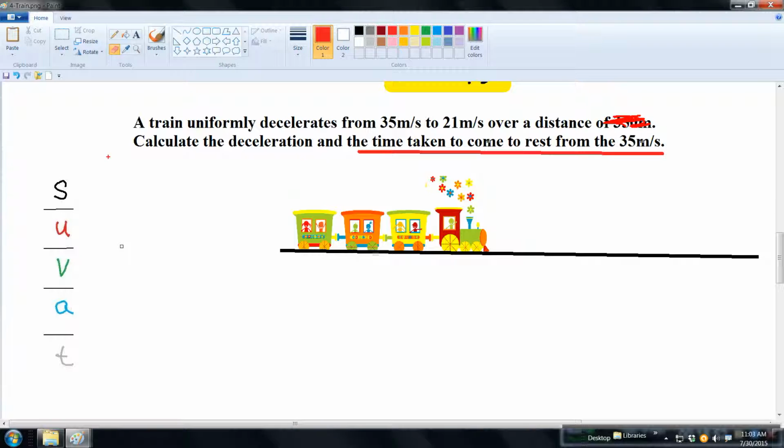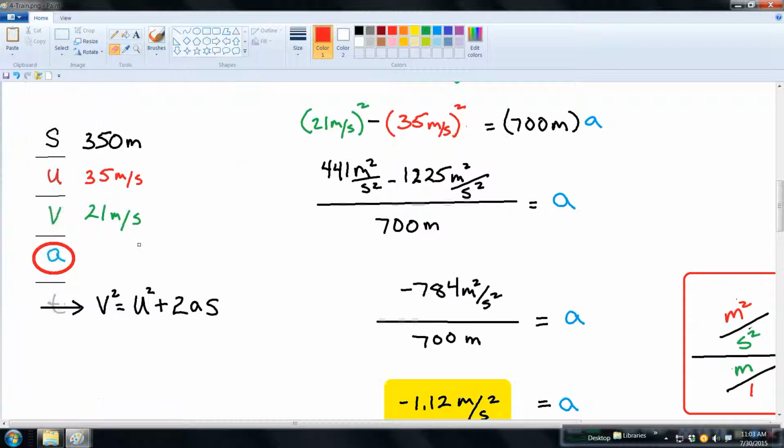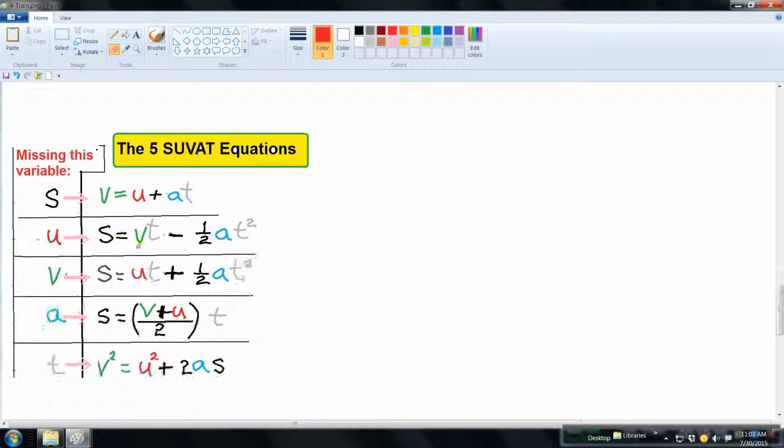I used the initial velocity, the final velocity, and then I used the acceleration from the previous problem. So we're just given 3 out of the 5. The acceleration from the previous problem was minus 1.12, and so I put that in there. So we'll do that.